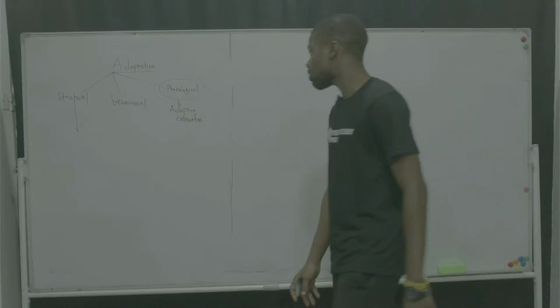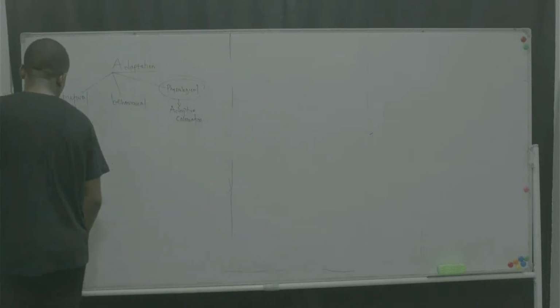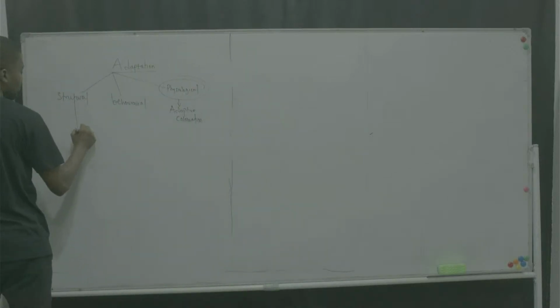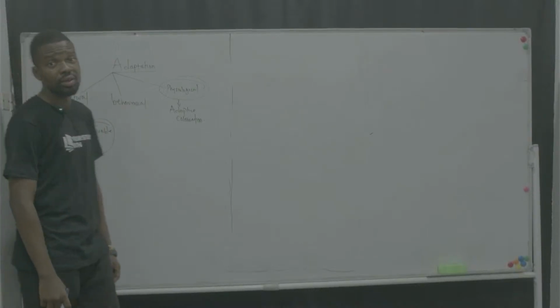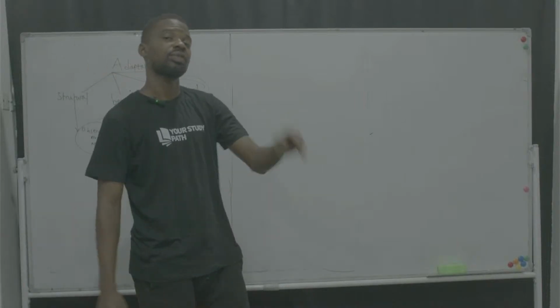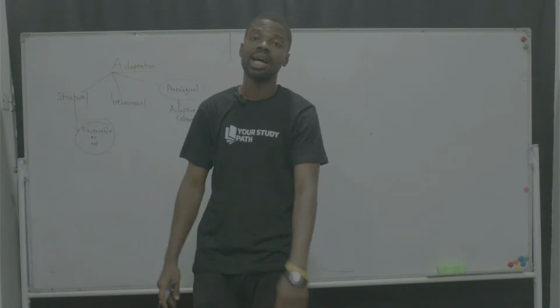So structural has to be a structure. It can be observable or not, but it's performing a certain function within the body, and it's found both in plants and in animals.